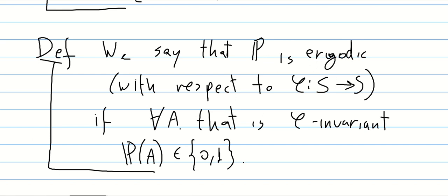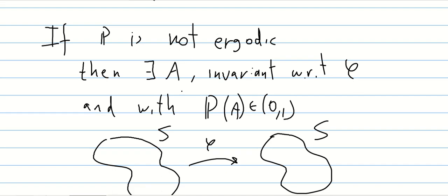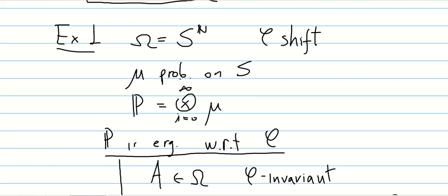But these are usually a lot of statements that you know already for product measures. So the product measure is an important example of ergodic measures, but they are not the most important, because everything you can prove for ergodic measures is kind of trivial for the product measure.